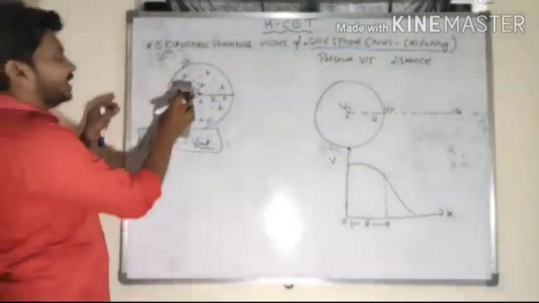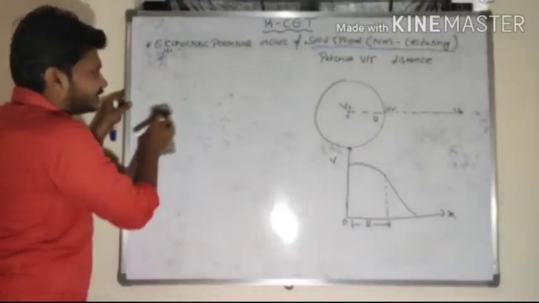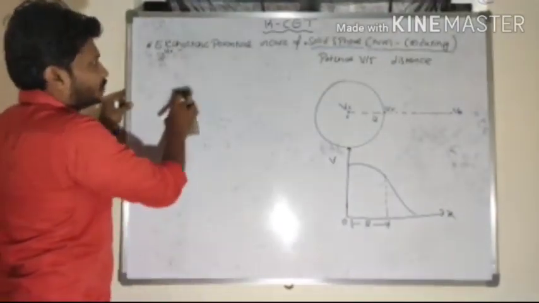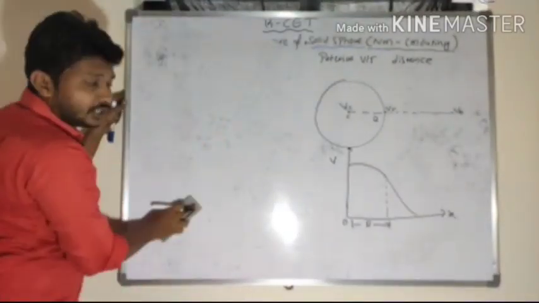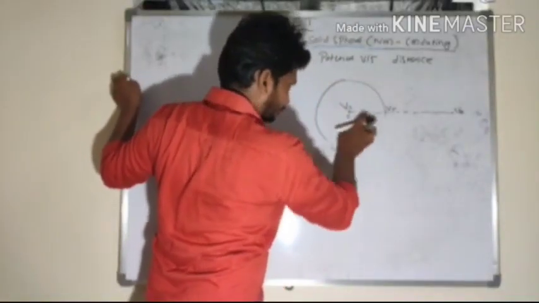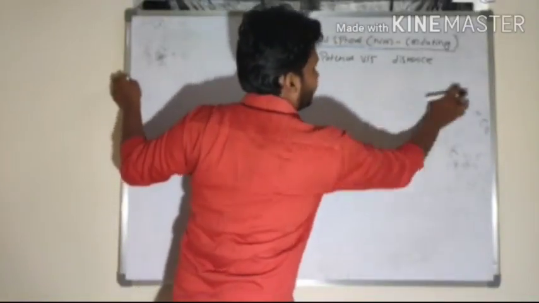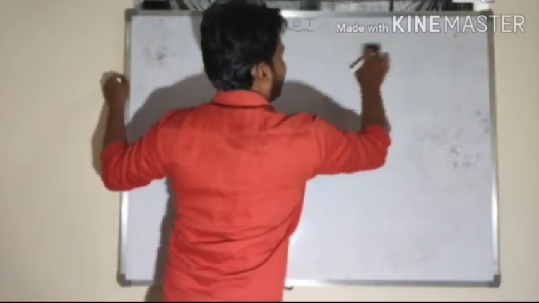Suppose, in the case of electrostatic potential, I consider two concentric hollow spheres. What about the electrostatic potential at a common center? I need to find that out.